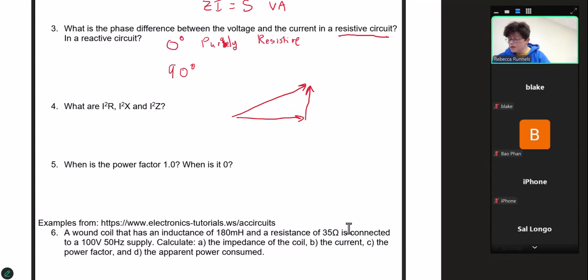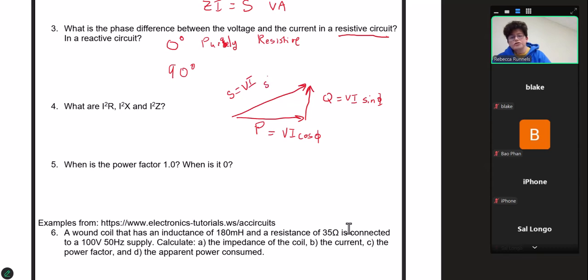So this is the power triangle. This is the real power, so that's P, and P is VI cosine phi. And you have the reactive power, which is Q, which is VI sine phi. And you have the apparent power, which is just VI.